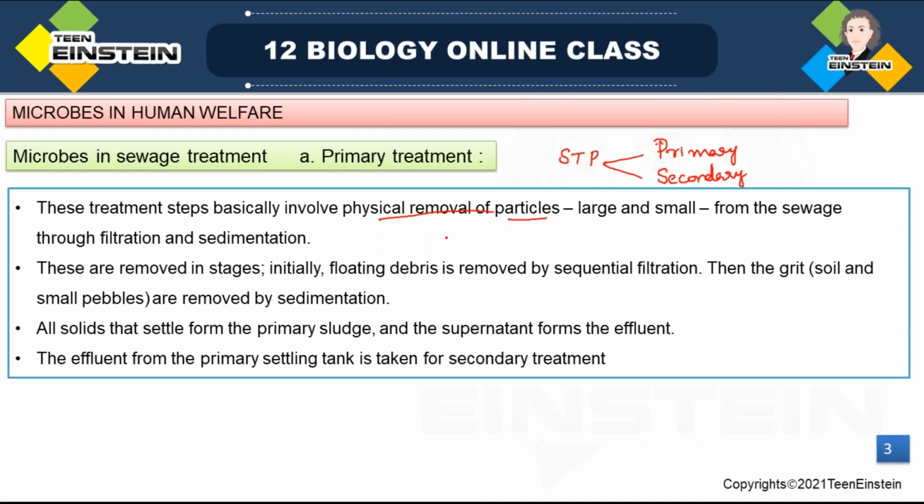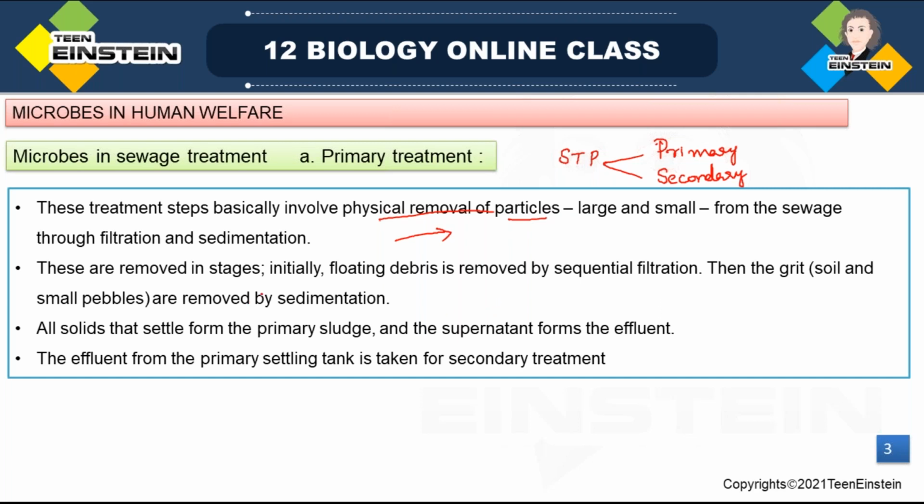That means large and small particles are removed through this primary treatment. So first the primary treatment will be done, which is the physical removal of these large and small particles which can be filtered or removed.